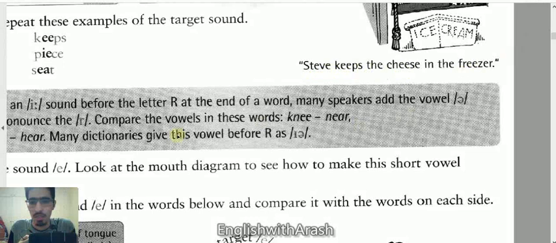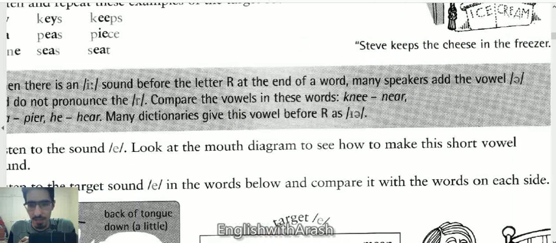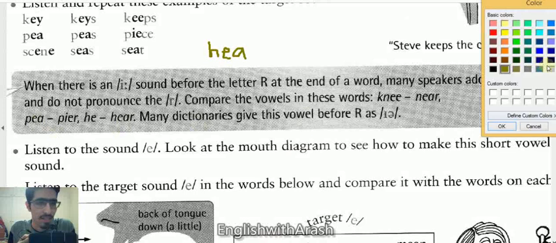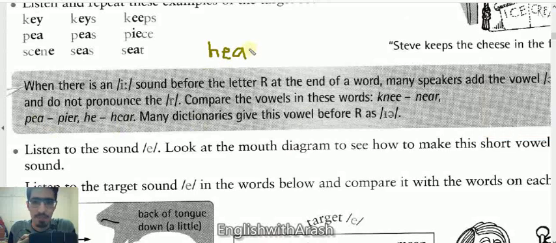Okay. Now here it says when we have R after EA, for example this word, if you have R, it says mostly British speakers remove the R, I mean in pronunciation, the R sound, they remove it and change the sound to this.